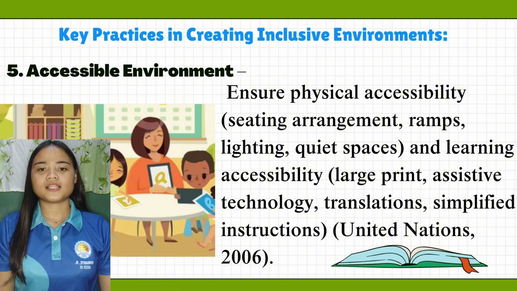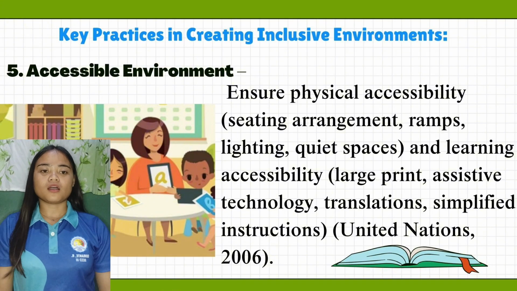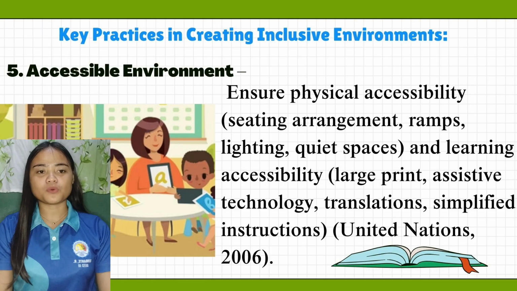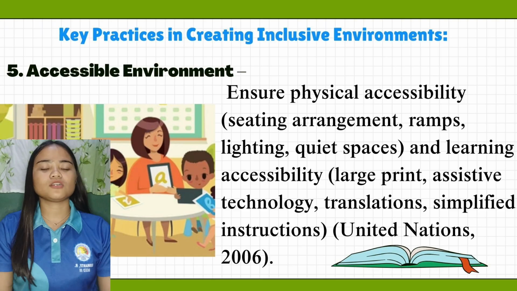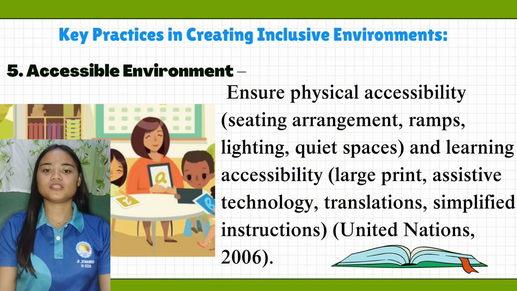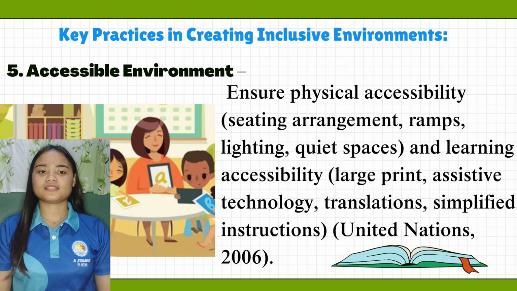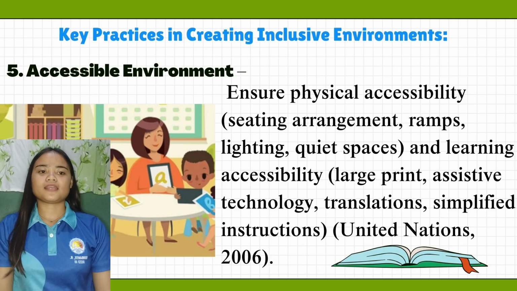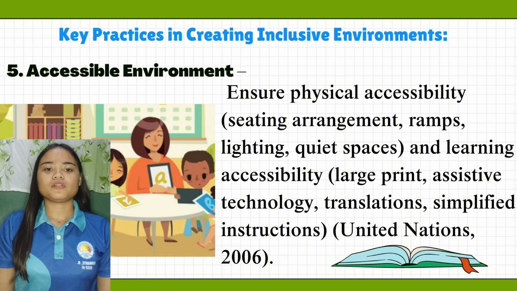So first is physical accessibility. We need to arrange seats well, provide ramps for wheelchairs, good lighting, and quiet spaces. And the second one, learning accessibility. Use big text, accessible tools like screen readers, translations, and simple instructions.